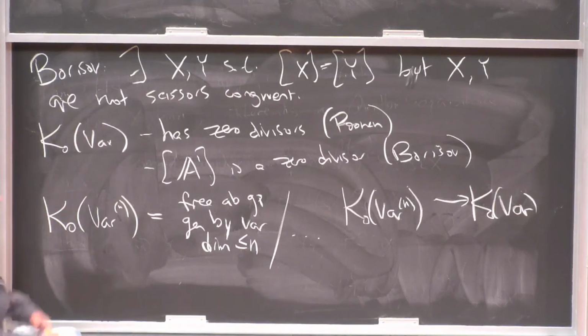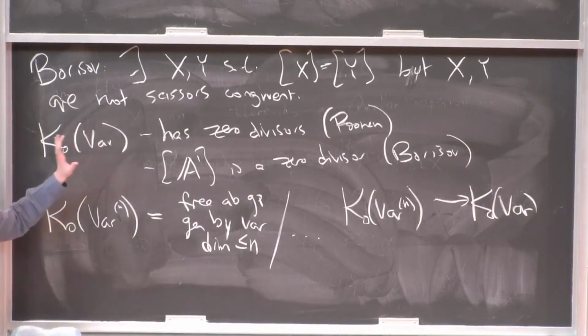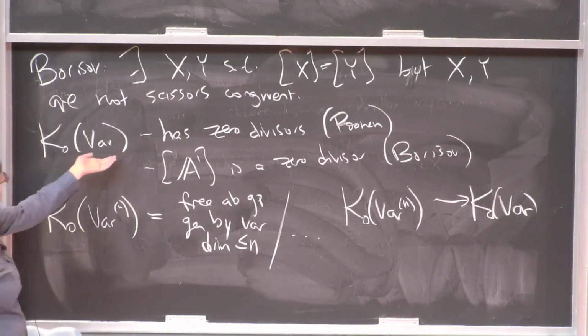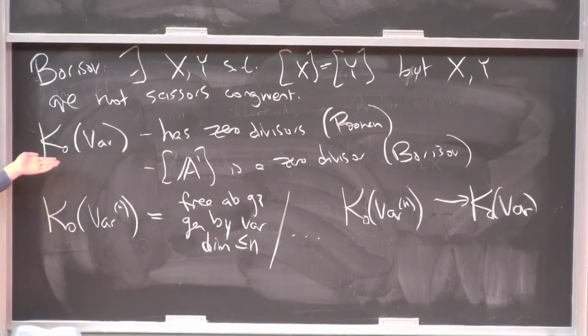And it turns out that all of these things can be answered if we, instead of thinking of K0 var as a ring, start thinking of it as the connected components of a space or a spectrum, if you're happy with spectra. Because, for example, it is entirely possible to have a filtration on a space which is not a filtration on its connected components.